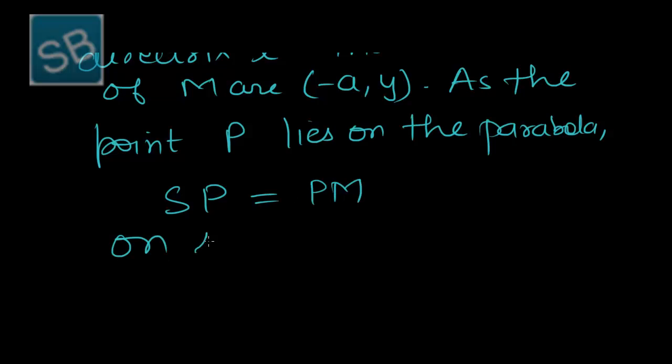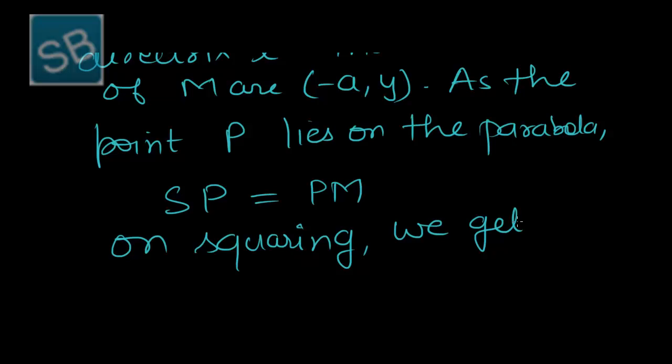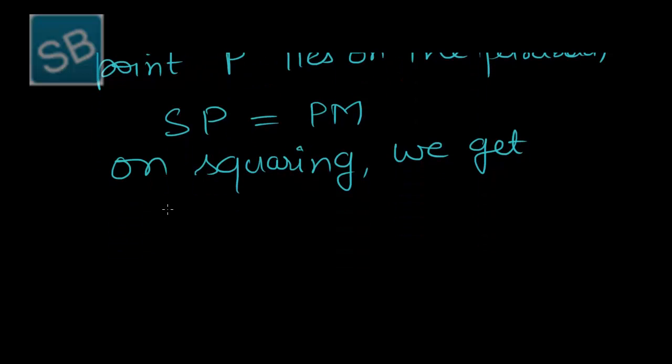So on squaring, we get SP square equal to PM square. As we know, S is (a, 0), P is (x, y), M is (-a, y).